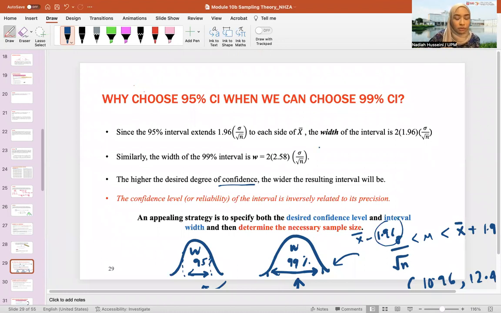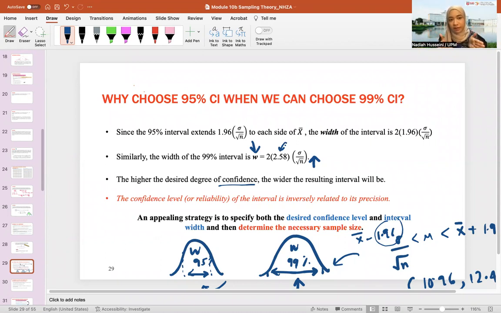So I wanted to talk about the sample size. If you increase the sample size, you are decreasing the width, but your CI remains the same. So this is one way of doing it. You want a certain CI, for example 99%, but 99 is going to be too big.